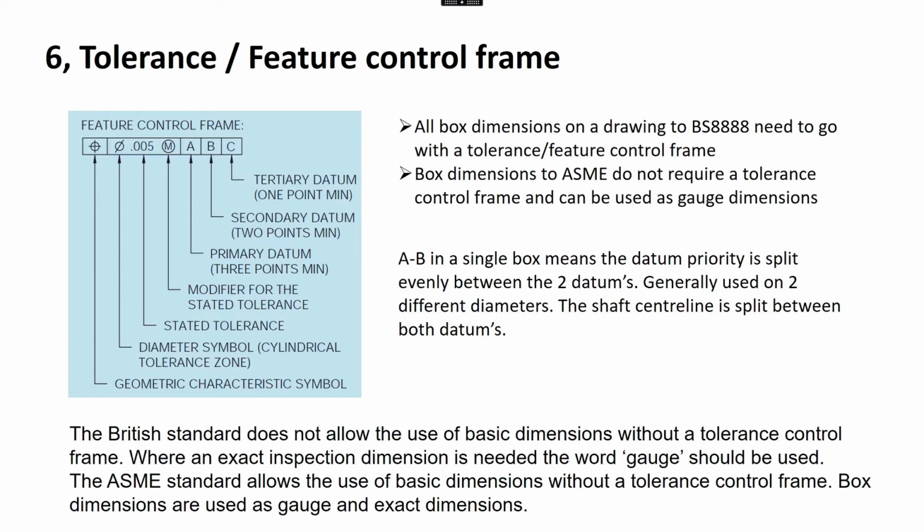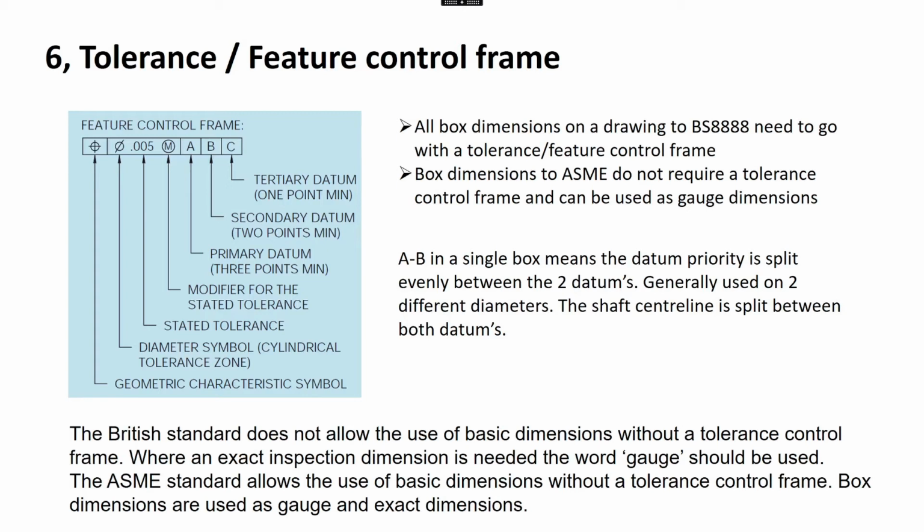Right, so some key things here. All box dimensions on a drawing need to go with a tolerance or feature control frame. That's when you work to the British standards or the ISO standards. But on the ASME, you don't need a tolerance control frame with box dimensions. So box dimensions on ASME can be used as gauge dimensions. They actually are used as gauge dimensions, but they can be used in other locations to do with features as well.